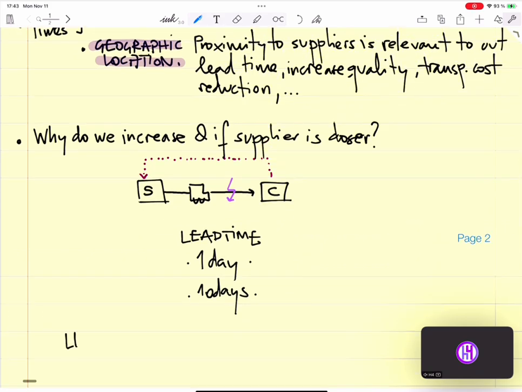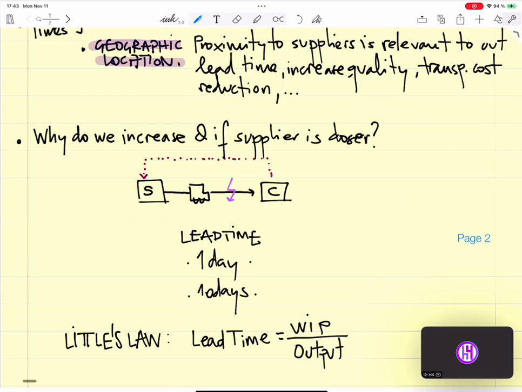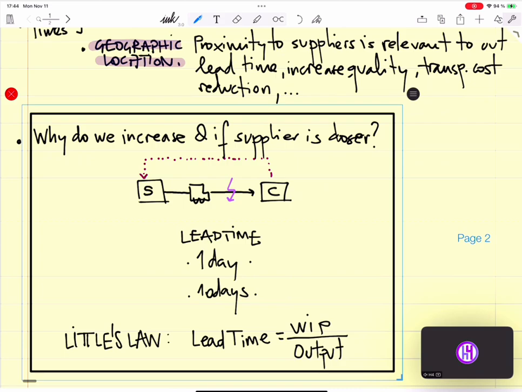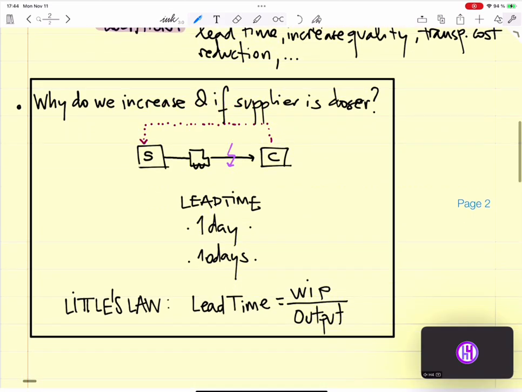This is put together with one very important law of process management called Little's Law. Okay? Lead time equals the work in progress, the inventory, divided by the output of the process. Okay, this is very, very important. Please Google Little's Law and look at the consequences and search a little bit on this, okay? Little's Law is very important.